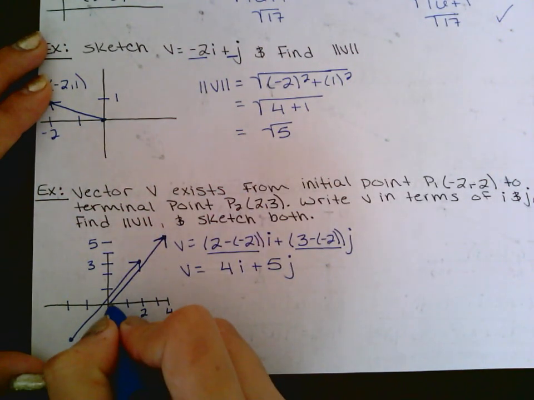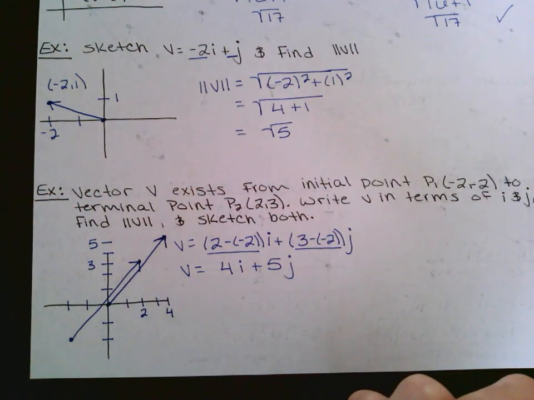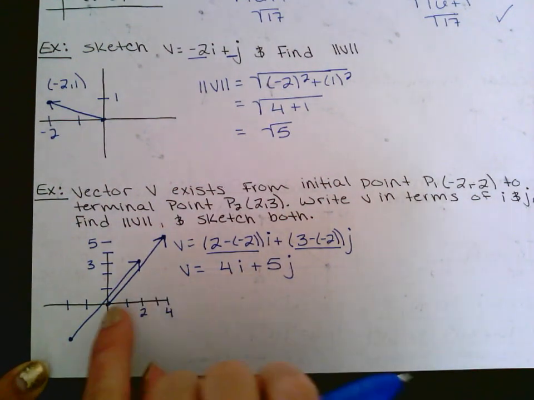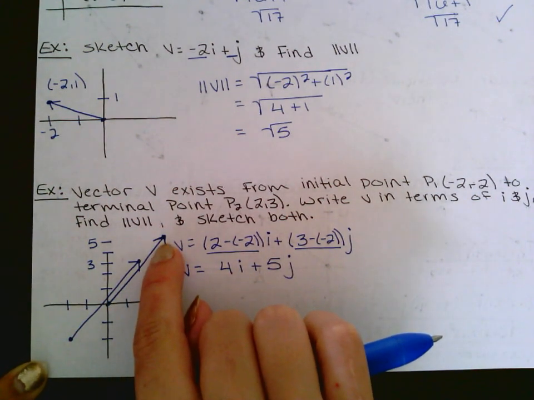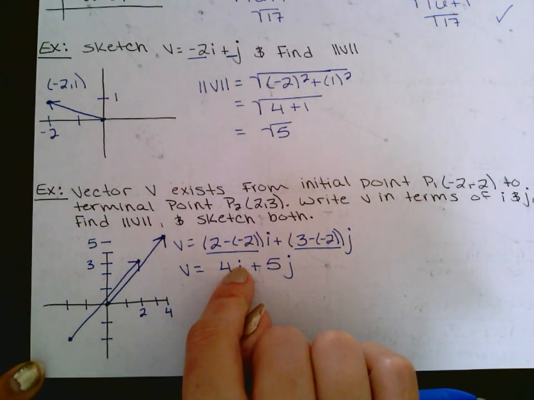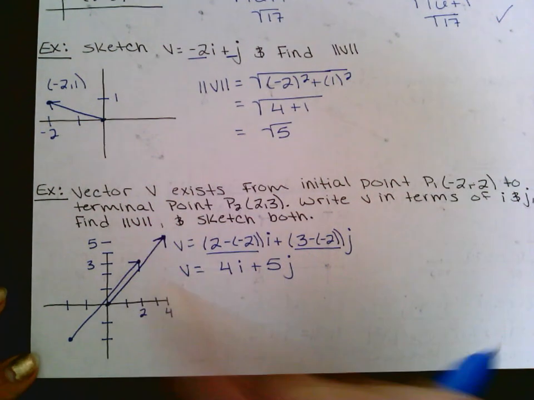Being that we're drawing this by hand, don't freak out if their lengths don't look perfect. If you're drawing it on a graph, it should look exact. So we sketched both in general form and standard form, and we found vector v in ij. Last to do is to find the magnitude.